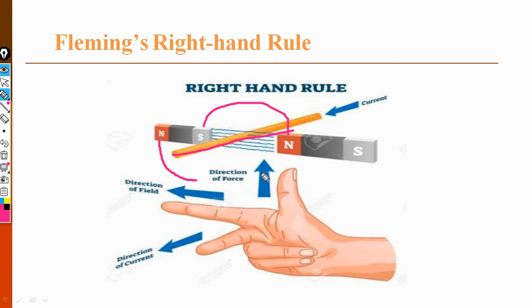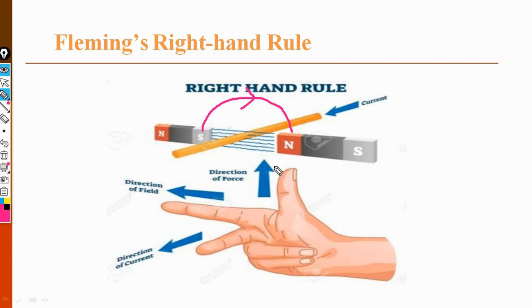Fleming's right hand rule depends on magnetic flux, which passes from the north pole to the south pole.